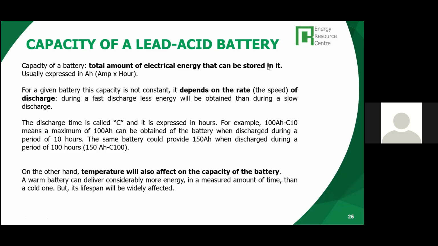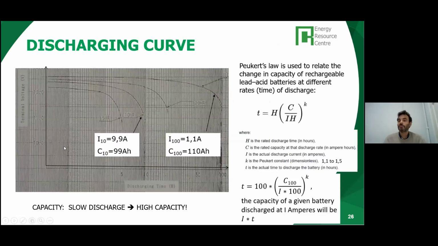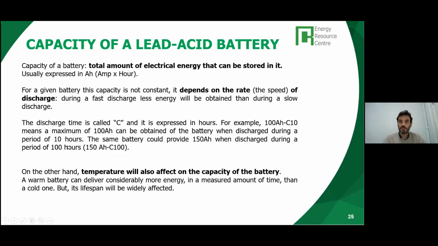In this case, a 100 amp hour battery during 10 hours, the same battery can give us 150 amp hours if it is discharged in 100 hours. So the bottom line here is that the capacity of a battery is not constant. It depends on the rate of discharge.